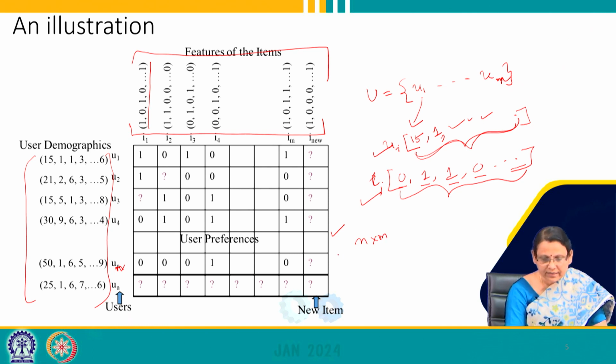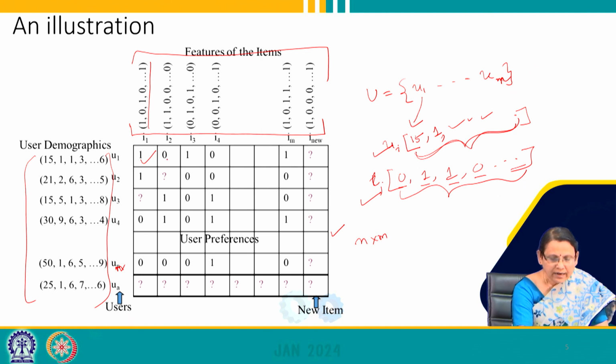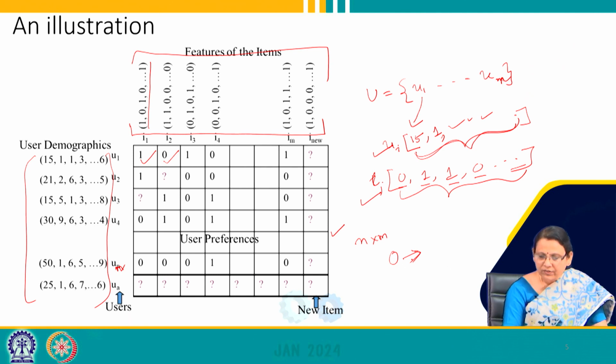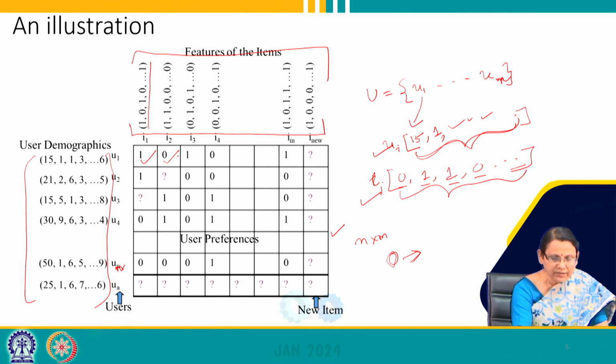Here again the entries we have shown as 1 and 0, 1 indicating that the person has given a certain rating, and 0 maybe that he has not given a rating. Now, this 0 is again a very tricky situation when we consider it as a rating matrix. 0 may mean absence of the rating, or it may indicate that the user has given a negative rating, in which case 0 will be indicating the opposite of 1.